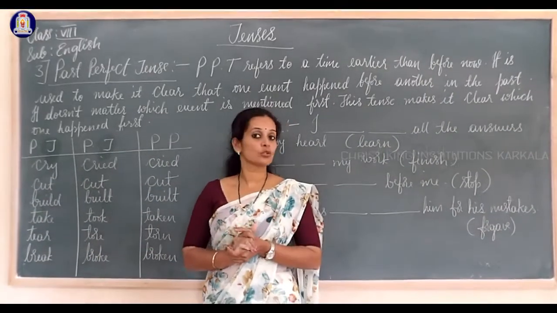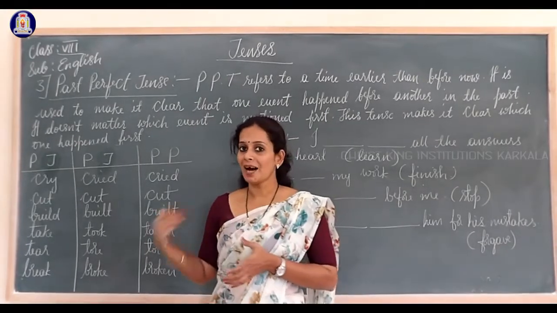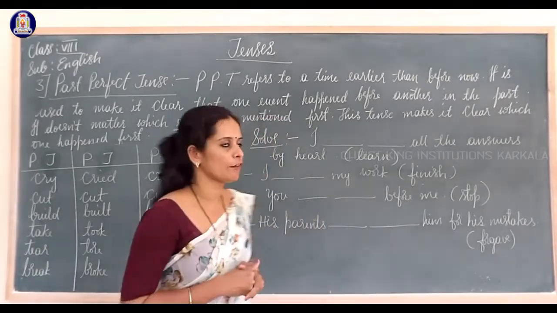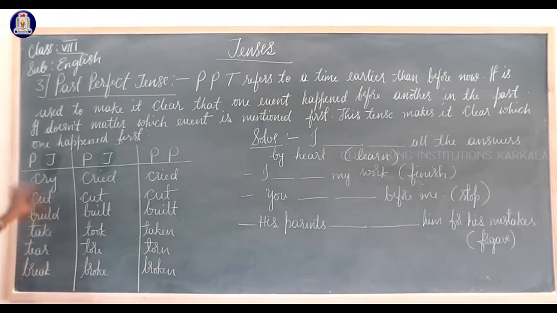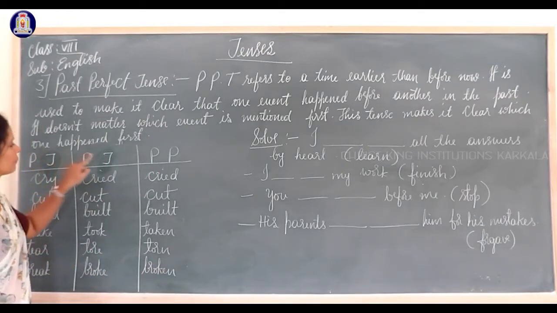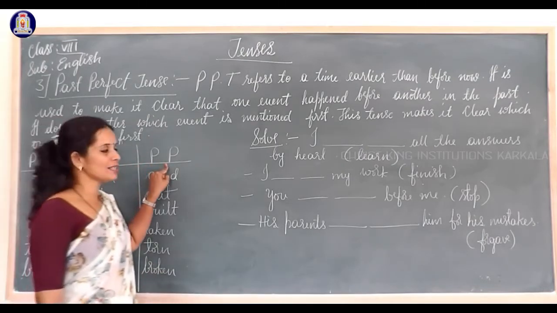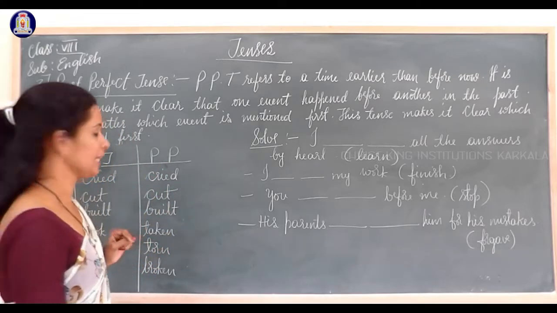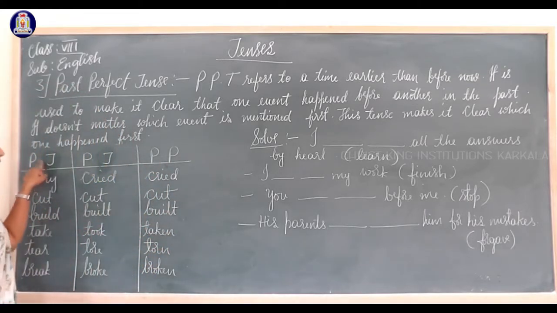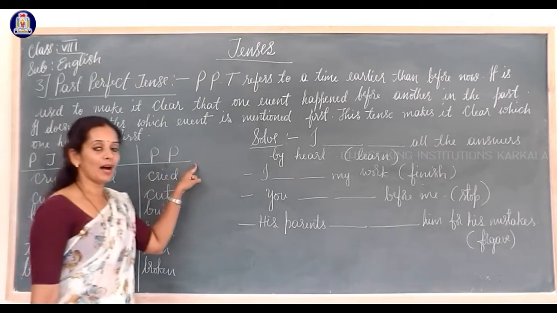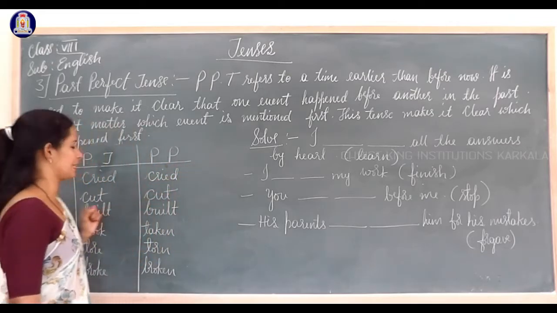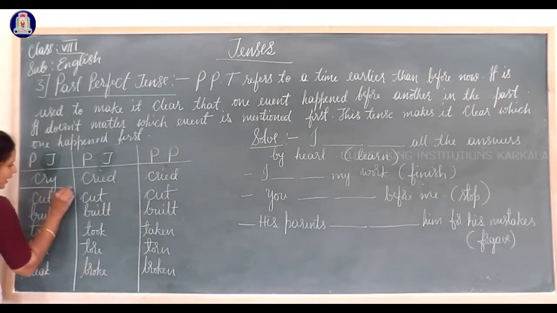So now let us go through some of the past participles here. There is a list of past participles: present tense, past tense and past participle of the verb. The verb is cry.